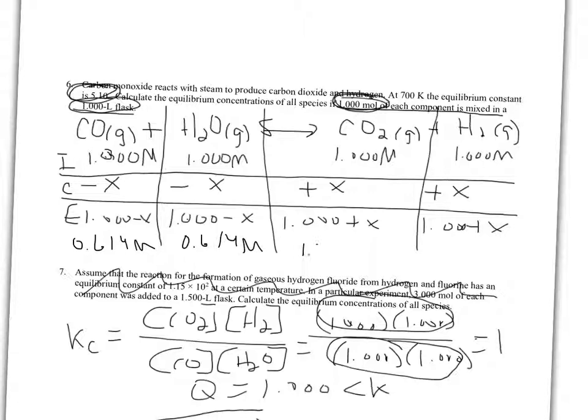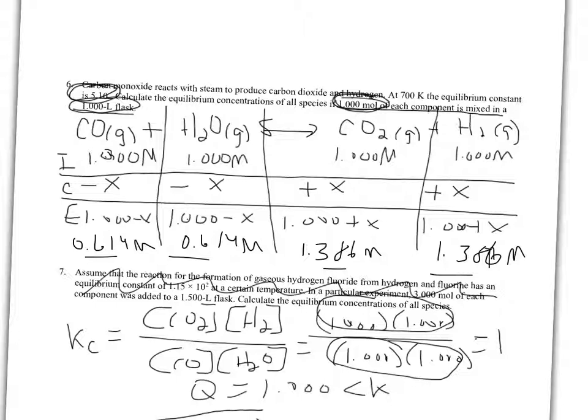And we've got 1.386 molar for these then. And of course, if we double check, just plugging these values back into the expression, we do then get the constant when we plug them into the expression.